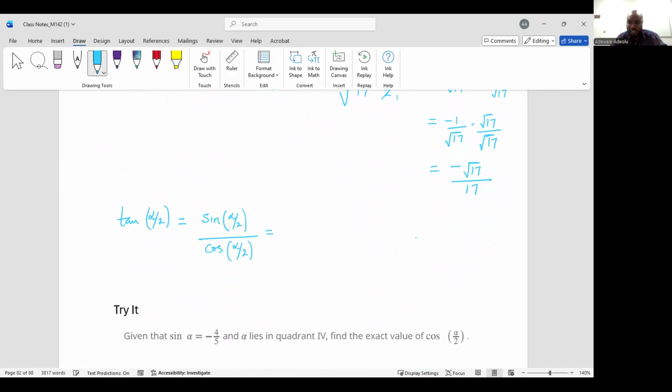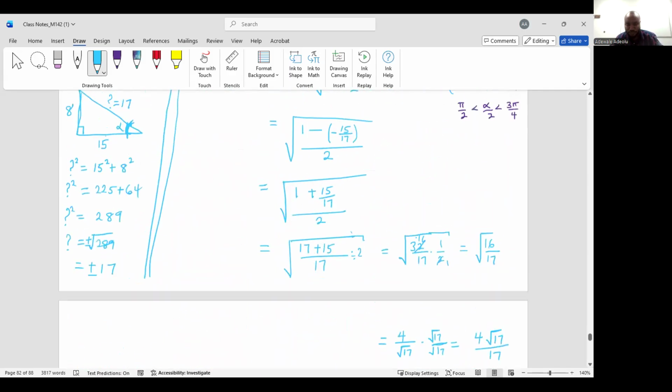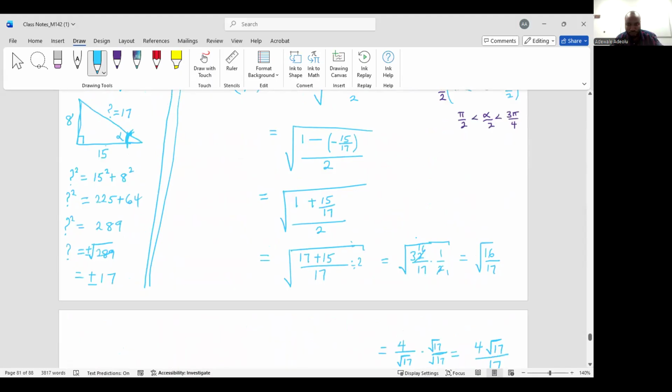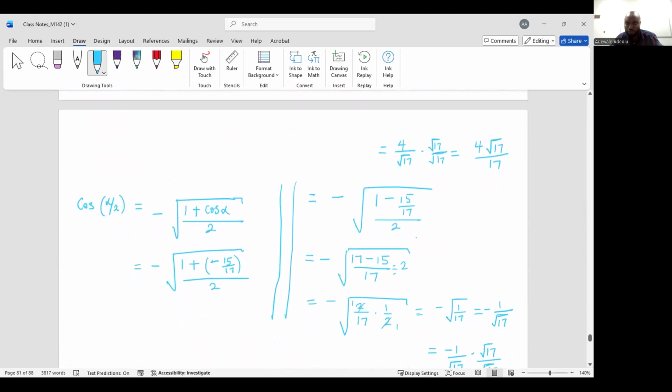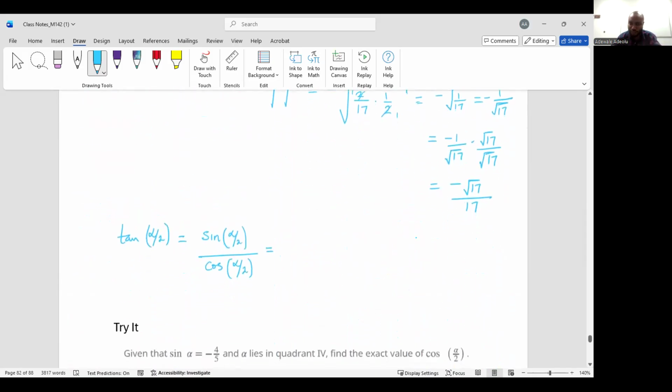So for sine of alpha over 2 we have 4 root 17 over 17, divided by cosine of alpha over 2, minus root 17 over 17.